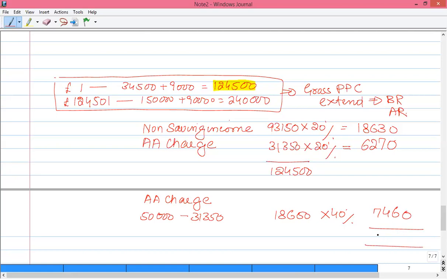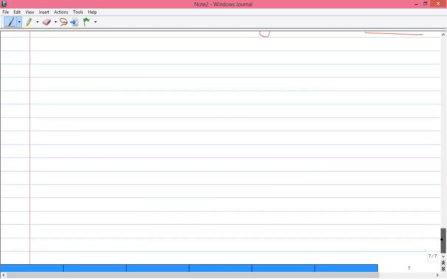So my total tax liability is 32,360. In this way, we have covered our AA charge.